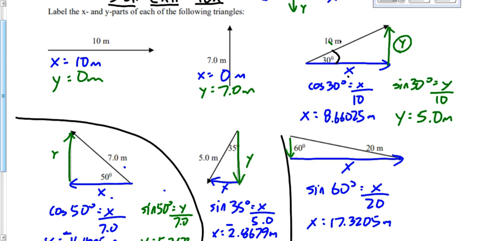Even if your preference is the sine law, use sine, cos, and tan for these today. On a test, I'm not going to mark you wrong no matter how you do it. But humor me today, at least get practice on sine, cos, and tan so you can make your own decision once you're comfortable with both on which one you end up doing. Okay, does that make sense?